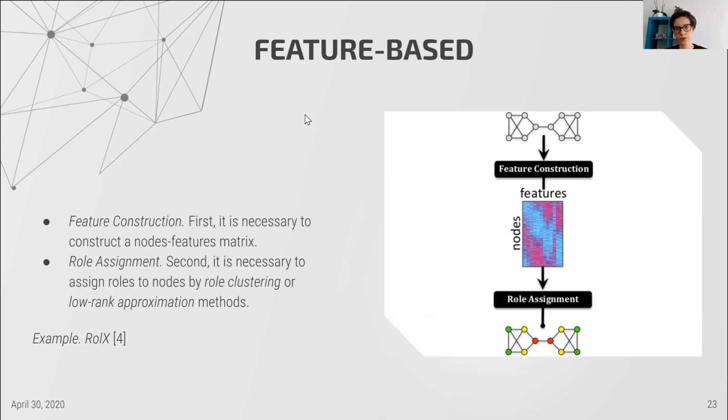Communities have, by definition, an intuition of closeness of nodes, whereas this is not the case for roles, because the extreme case is that you can even transfer roles from one network to the other, whereas it does not make sense in the case of communities because they might have different densities and different sizes.